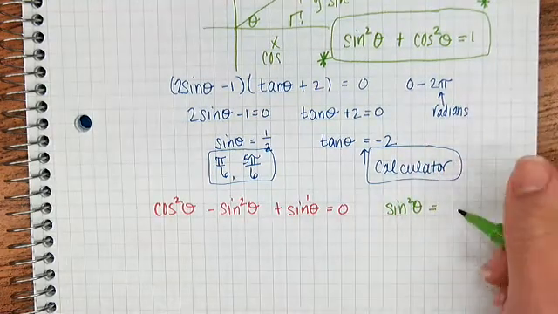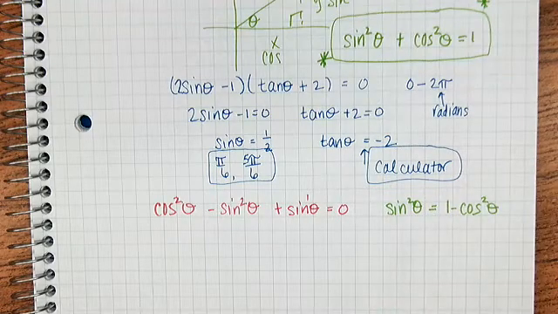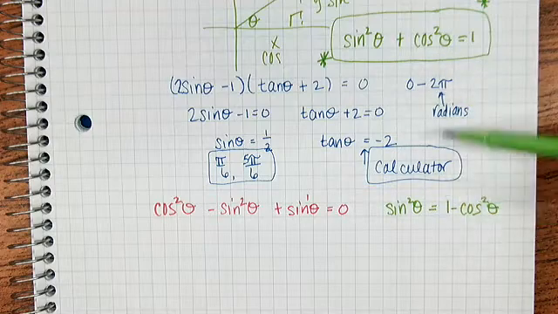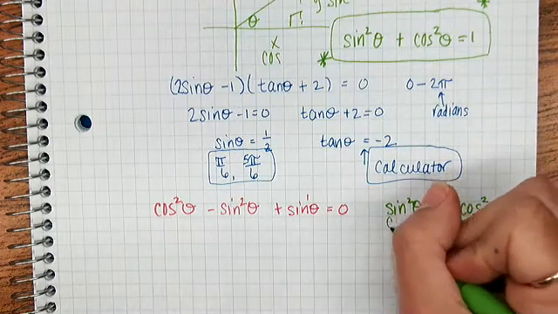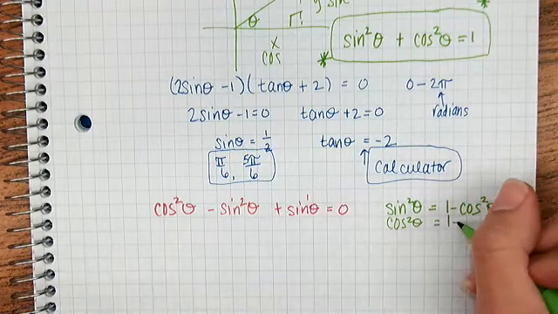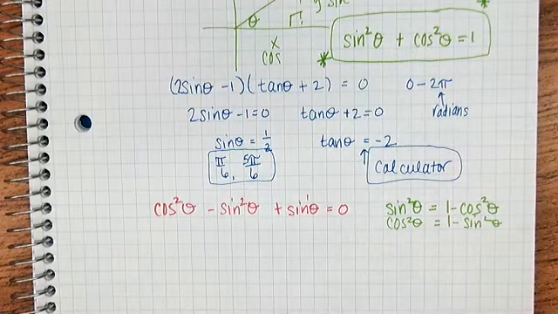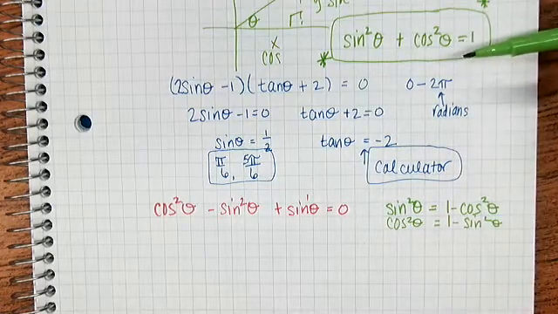Sine squared is the same as 1 minus cosine squared. I could also say that cosine squared is 1 minus sine squared. I can manipulate by doing some addition and subtraction.